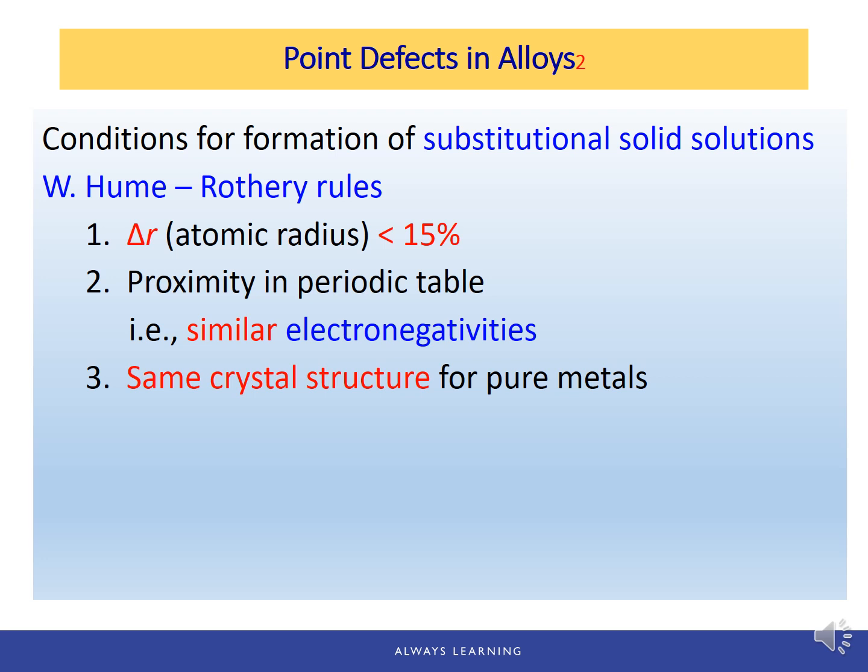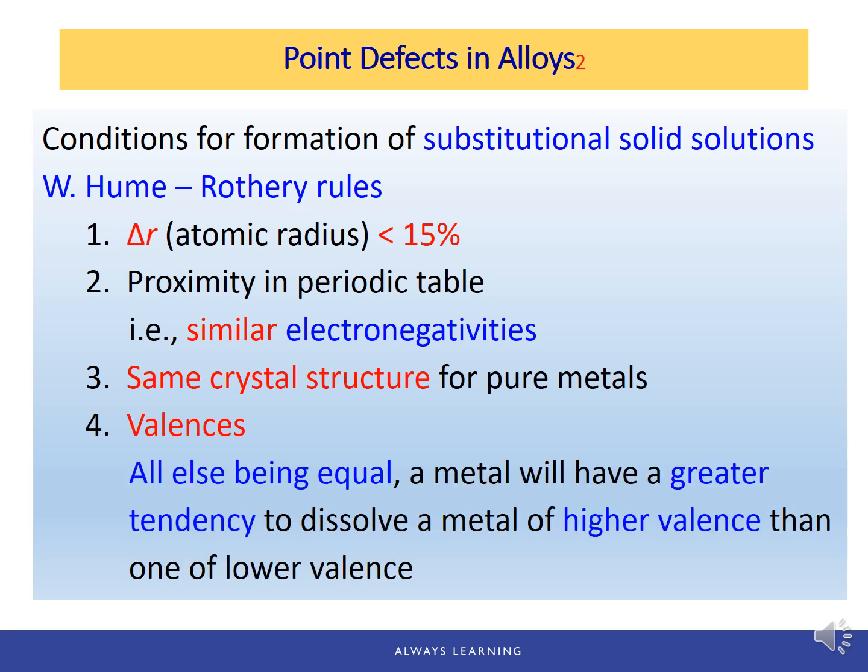And third condition is for pure metals, they should have the same crystal structure. Both are BCC or both are FCC, for example. And the fourth is the valences. So if all else being equal, numbers 1, 2, 3 are equal, then a metal will have a greater tendency to dissolve a metal of higher valence than one of lower valence.